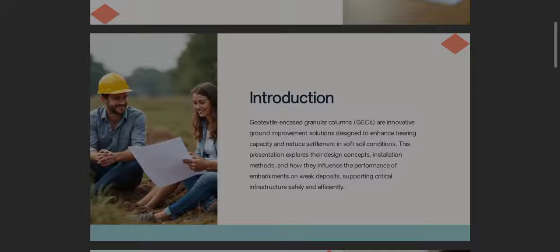However, in very soft deposits, conventional stone columns may suffer from excessive lateral deformation or bulging due to insufficient confinement provided by the surrounding soil, thereby limiting their effectiveness. And this presentation explores their design concepts, installation methods, and how they influence the performance of embankments on weak deposits, supporting critical infrastructure safely.